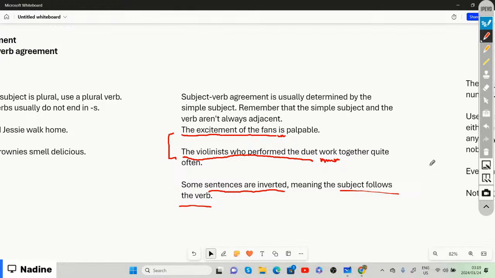So subject verb agreement is usually determined by our simple subject. And we need to remember that a simple subject and the verb aren't always adjacent. But in this case, some sentences are inverted, which means that the subject follows the verb.